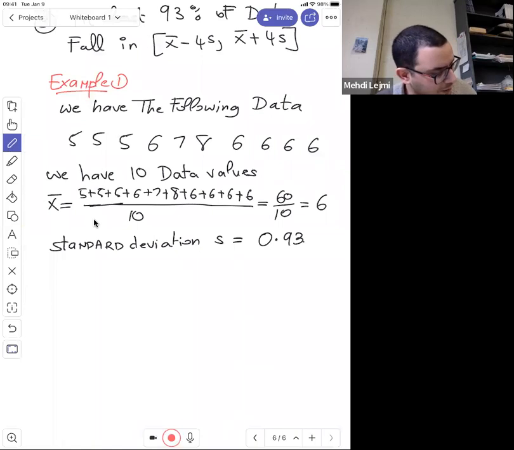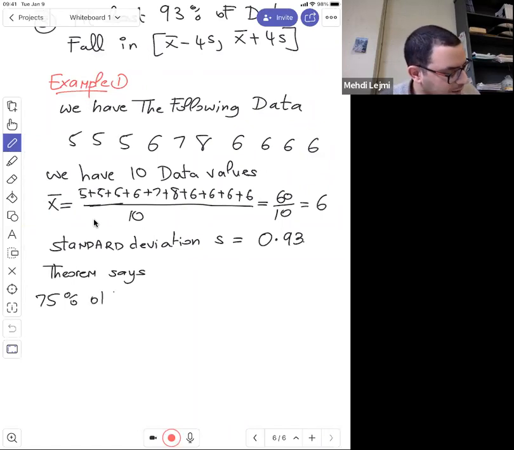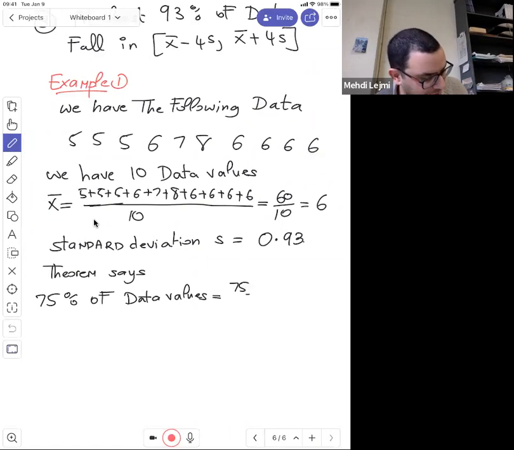Remember, percent means division by 100. So what do we mean by 75% of data values? That's 75 over 100 times, and when you see the word "of", that's a multiplication, times the data values.